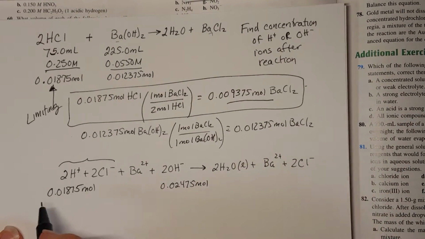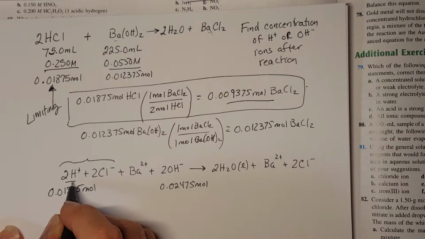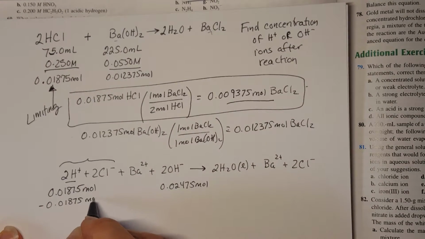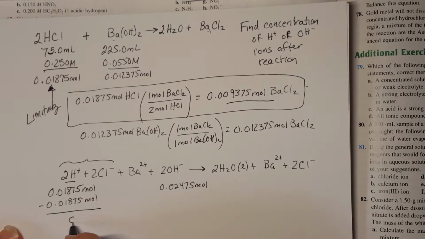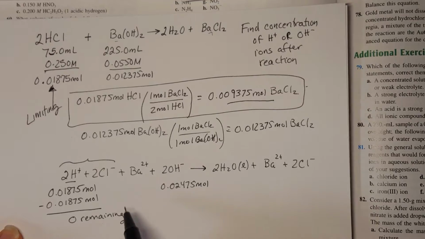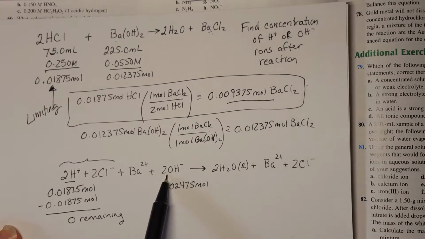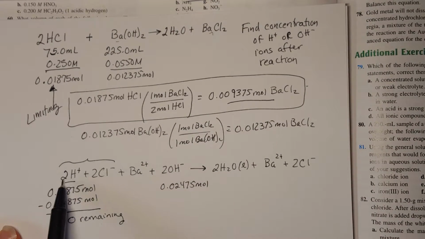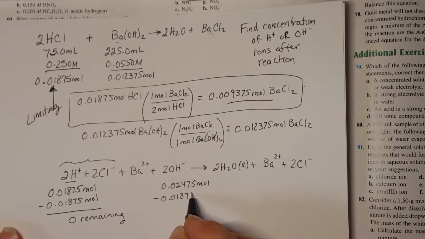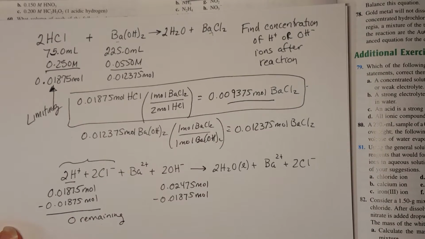Now, the limiting reactant was the hydrogen ions, so we're going to use all of these up. And at the end, we're going to have 0 remaining of the hydrogen ions. We run out. In this stoichiometry, it's 2 hydroxides for every 2 hydrogens, so I'm going to use the exact same amount of hydrogen ions and hydroxide ions.